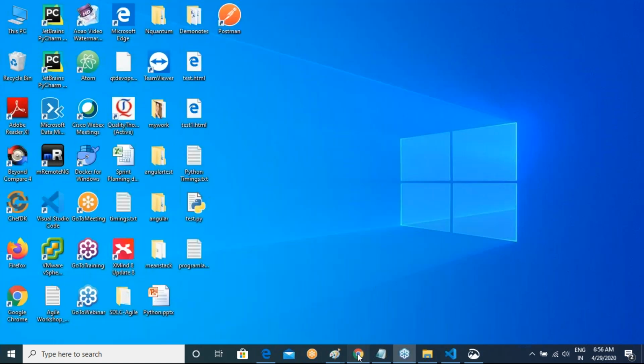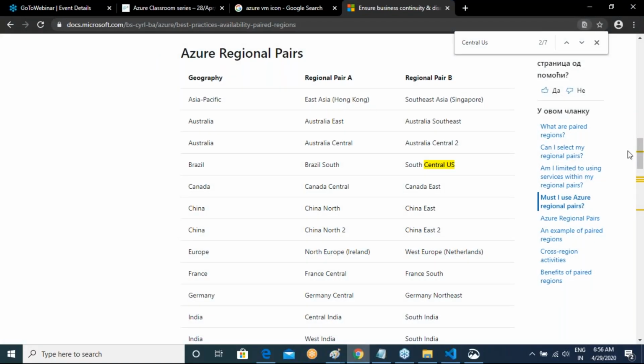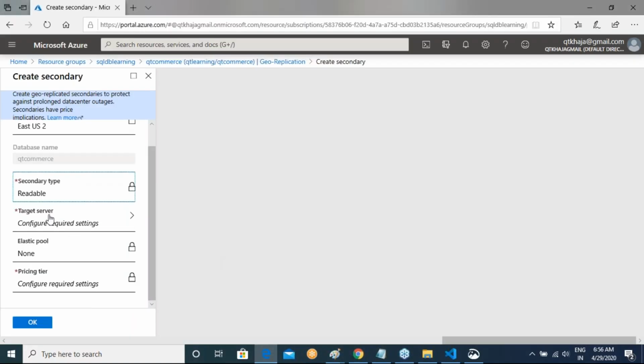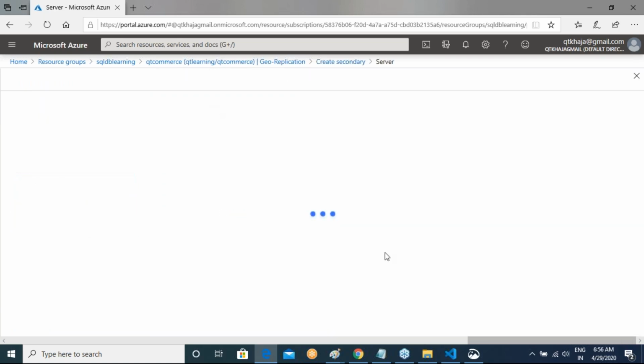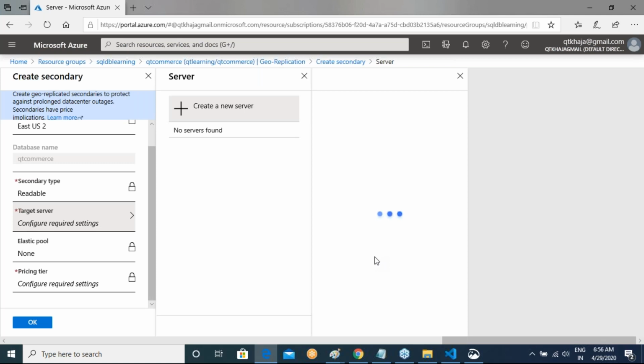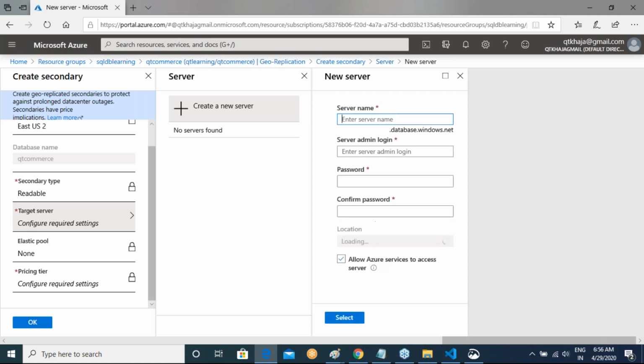Now whenever you are failing over, you are trying to select that this is my readable server, and we know this configuration. We have actually created servers yesterday. So in the other region, it is asking what is going to be your server's name. I'll call it Qt commerce sec.